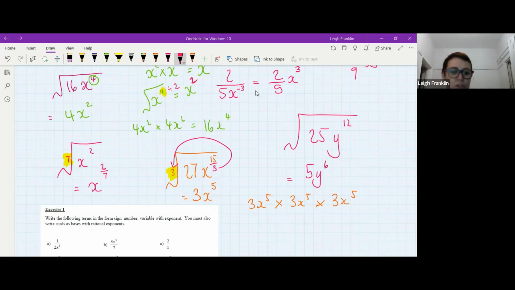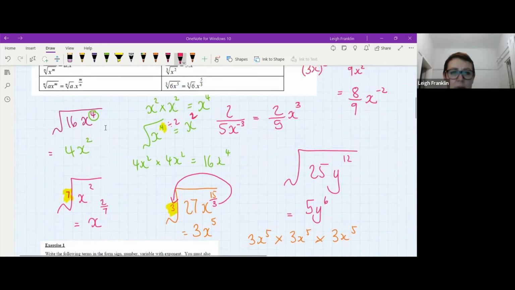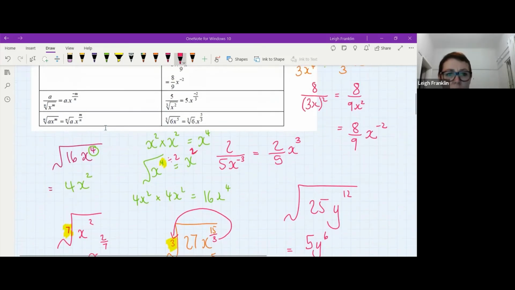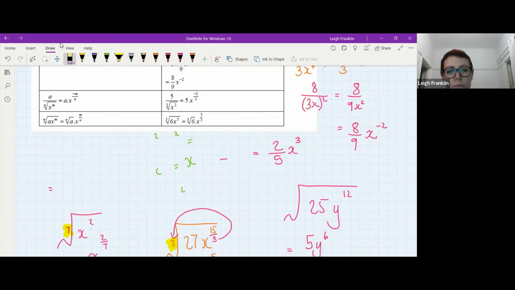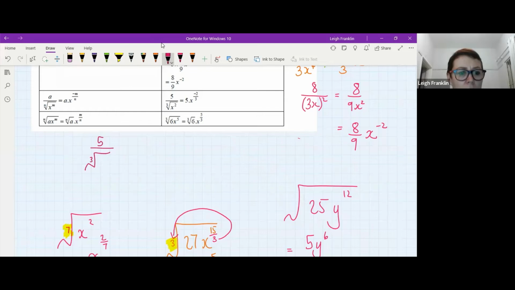Okay, it's just a stupid way of being able to remember these things, but if we can do that, then it helps us. So to cut a long story short, if they then give us 5 over the cube root of x squared, we know that the 5 is in the numerator, that's fine.